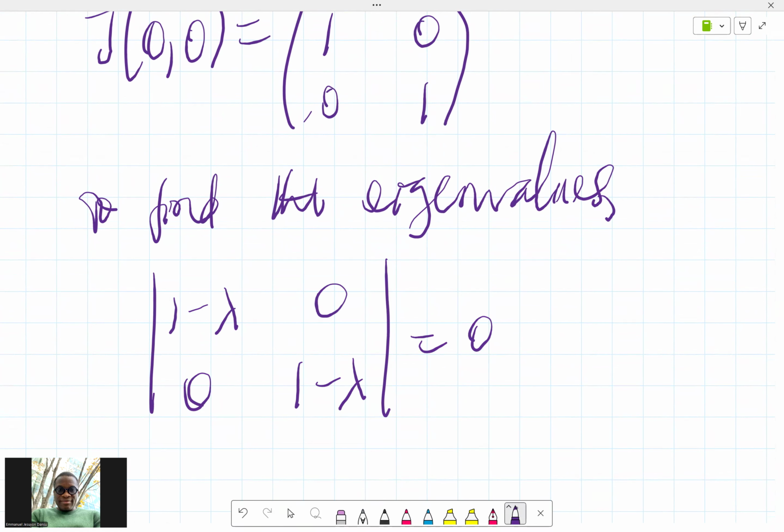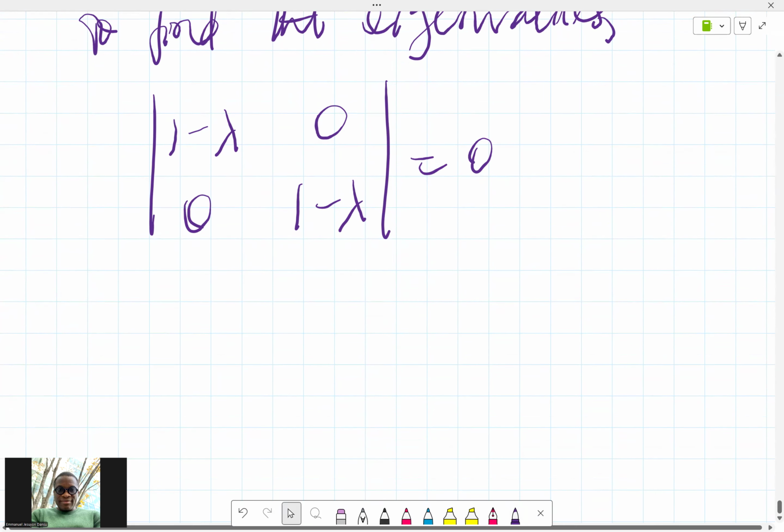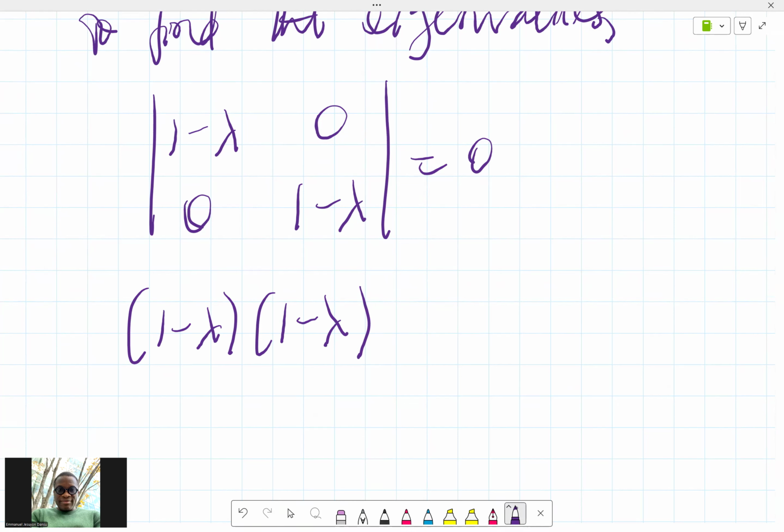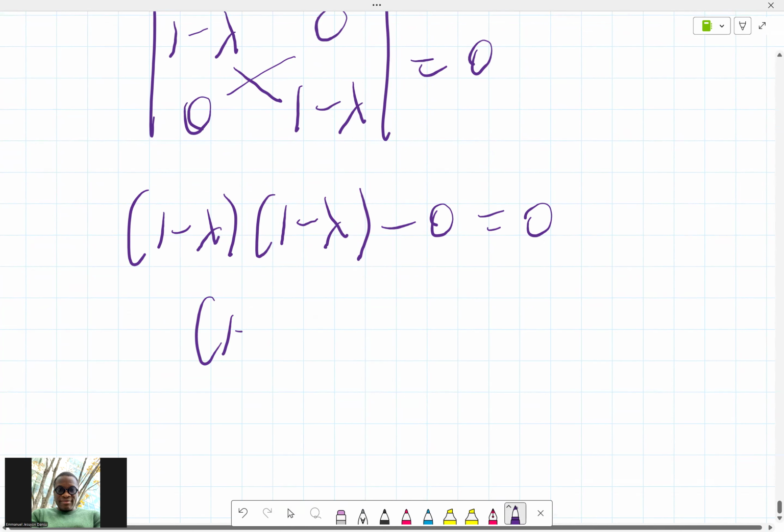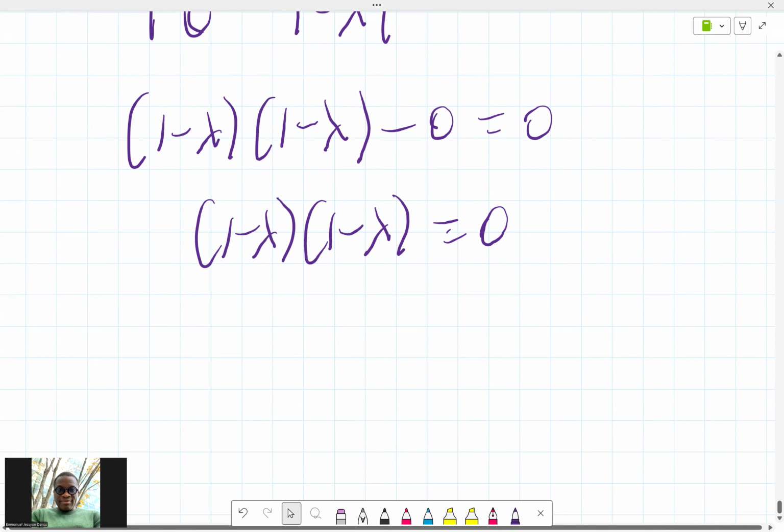The determinant of this will be equal to 0. In that case, we have 1 minus lambda into 1 minus lambda, minus 0 times 0, and all of this is equal to 0. So in short, we have 1 minus lambda into 1 minus lambda equals 0. So here we have lambda 1 is equal to 1, and lambda 2 is also equal to 1.